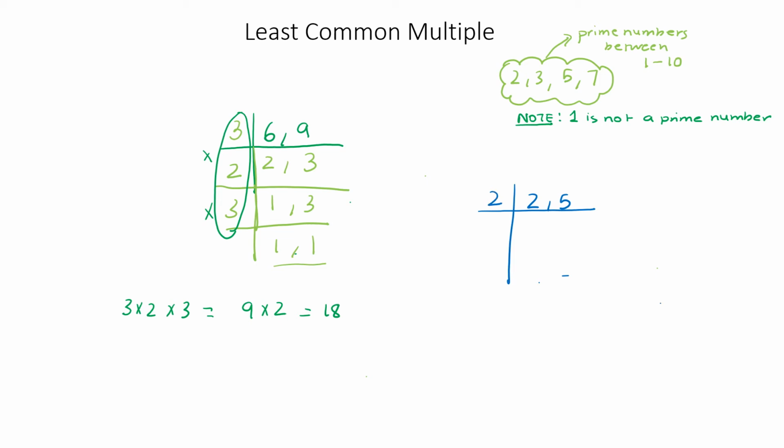That gives us 1. Because 5 gives a remainder, we just bring it down. Now I do 5. This is already 1, so we don't touch that. And this becomes 1 again. So we have to multiply. That becomes 2 times 5. And so 10 is our least common multiple between 2 and 5.